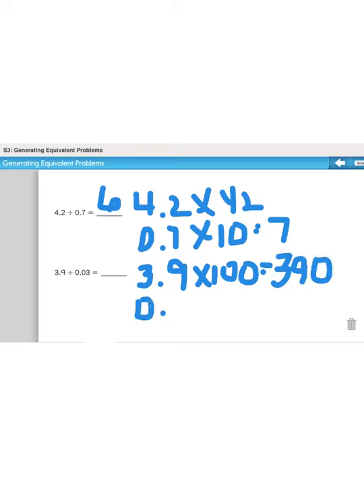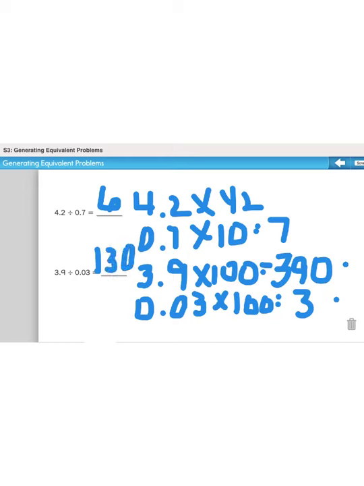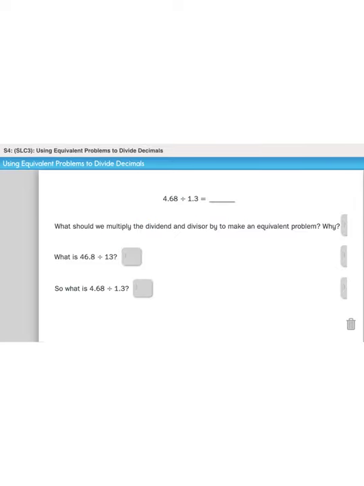And 3/100 times 100 is going to give us 3. So then we can take 390 divided by 3, and the answer is 130, which is also the answer to our original problem, 3 9/10 divided by 3/100. So you can see it's much easier to convert these to equivalent problems to divide the decimals.